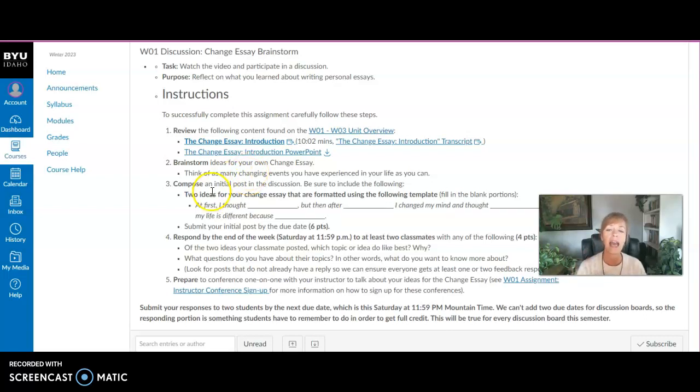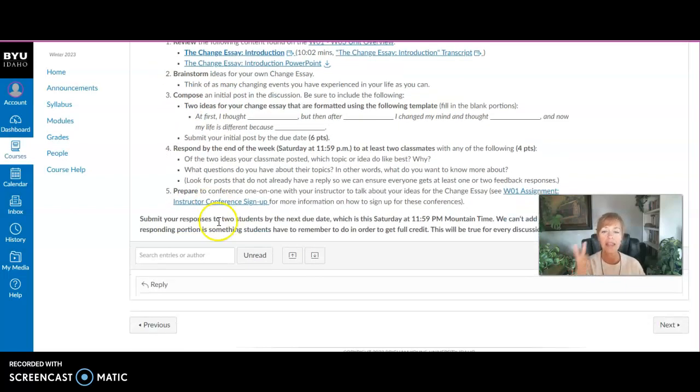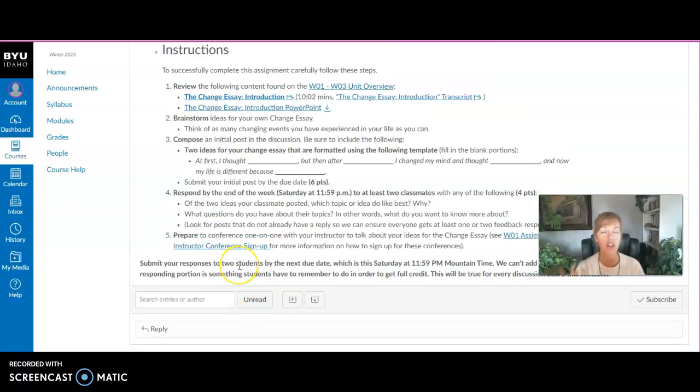And then you're going to pick 2 of them and you're going to write them out. And this is another discussion board where you're going to share them. And by the end of the week, you're going to respond to 2 classmates' posts by following these instructions. Okay, so there's only so much I can say in this video. Make sure you read that, but it's just a brainstorming, helping us get ideas.